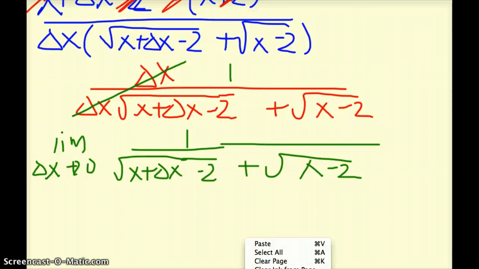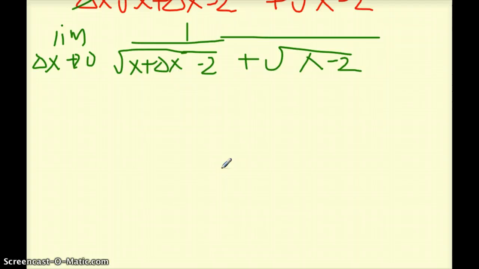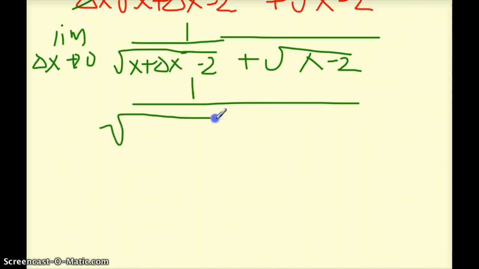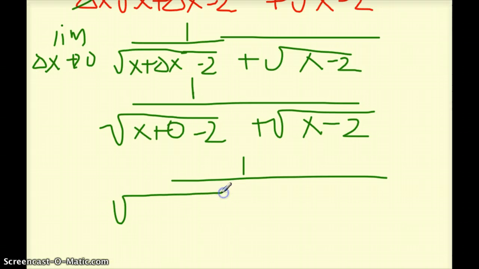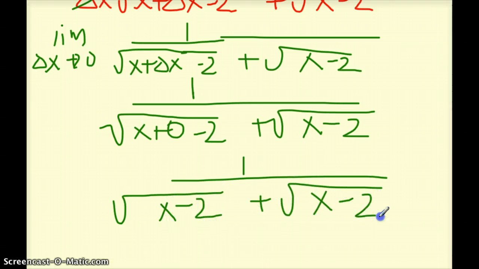So if I were to plug this in, I'm going to get 1 over radical x plus 0 minus 2 plus radical x minus 2, which gives me 1 over radical x minus 2 plus radical x minus 2.